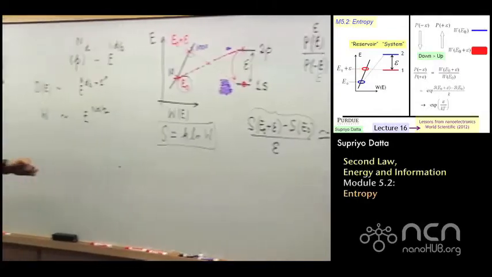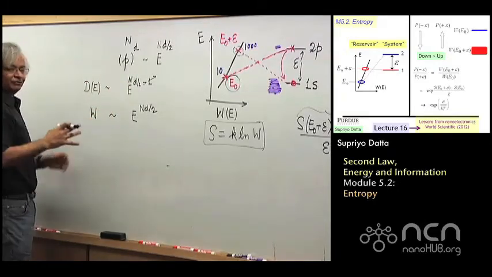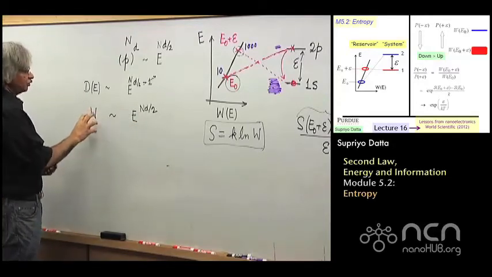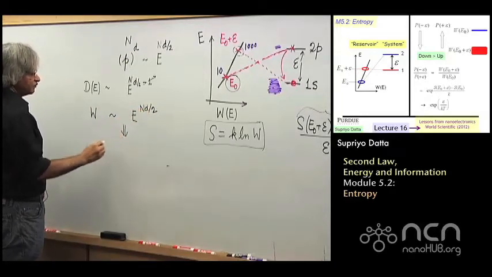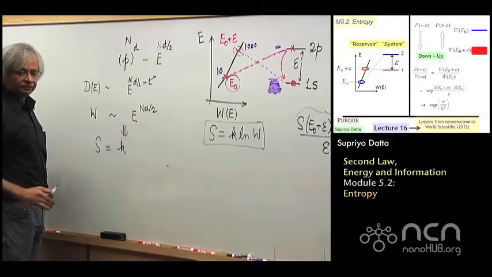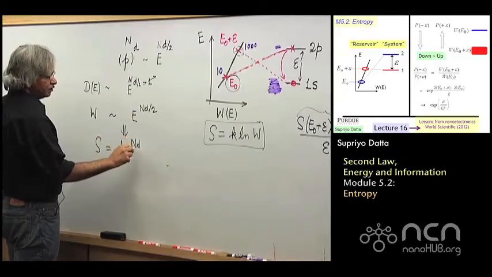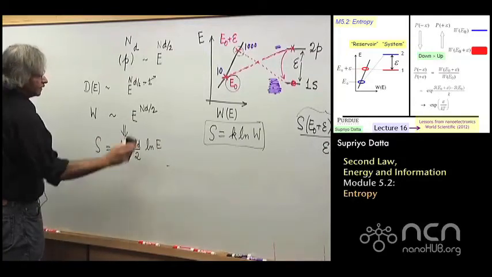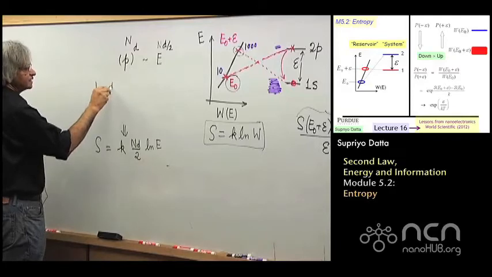Now, earlier I said if you took a simple model of this reservoir as being lots of electrons, n electrons, then you could show that this W would be like E to the power nd over 2. From this, entropy S would be K times log W. When you take the logarithm, you get nd over 2 log E. So if you now look at what you mean by temperature, 1 over T is dS/dE.